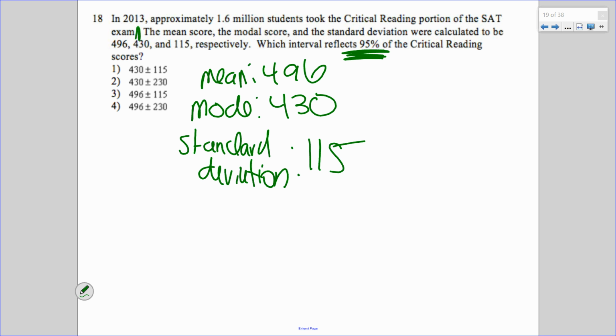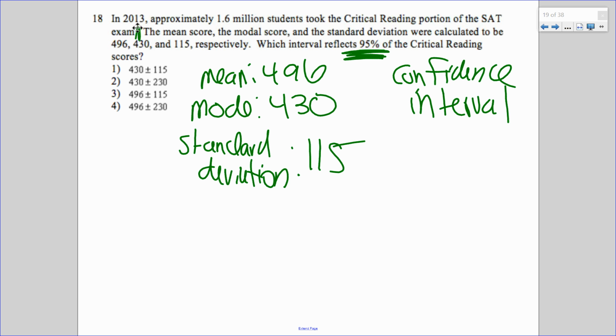95% is your confidence interval. If you do not know how to find the confidence interval, well, you better learn between now and when you're taking the exam, which for everybody in this room is tomorrow, about 24 hours. So let's write it out.